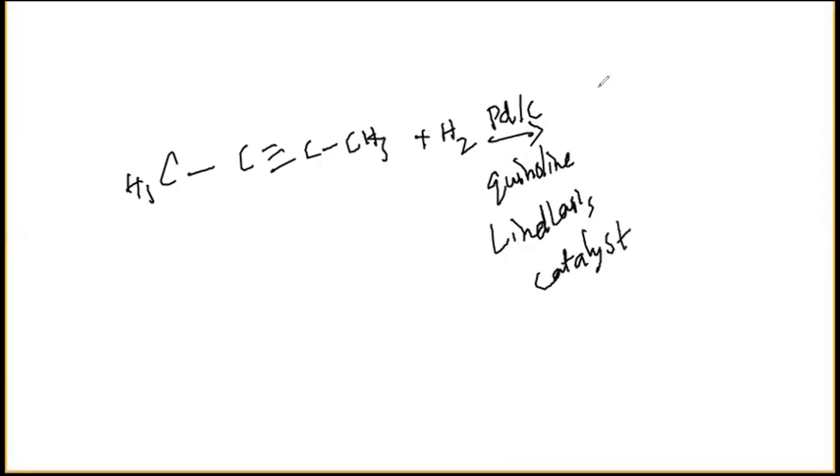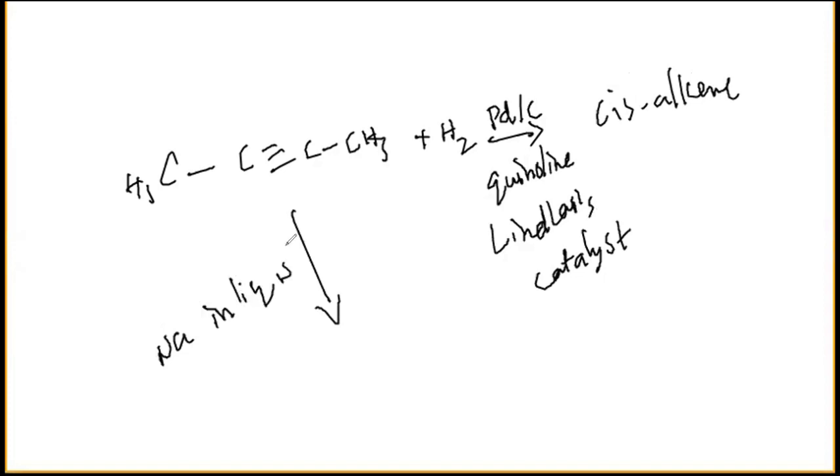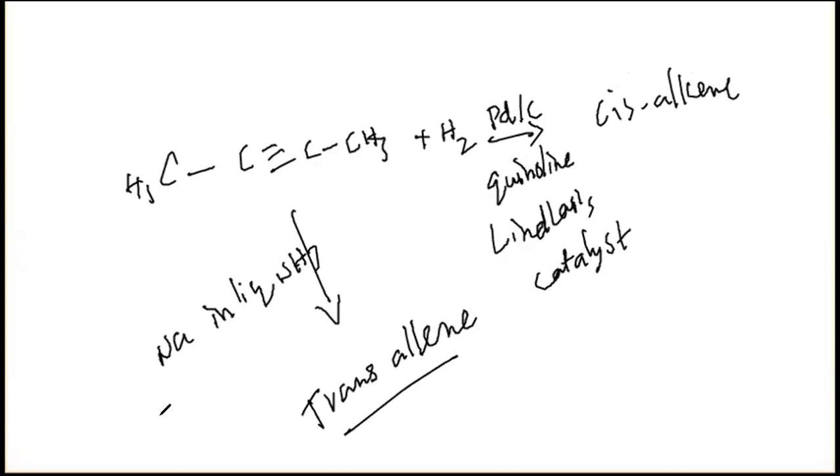This is used to produce cis alkene. The same reaction, if you use sodium in liquid ammonia, gives a trans alkene. For trans alkene production, one named reaction is given, that is Birch reduction. The name of the reaction is Birch reduction we can take.